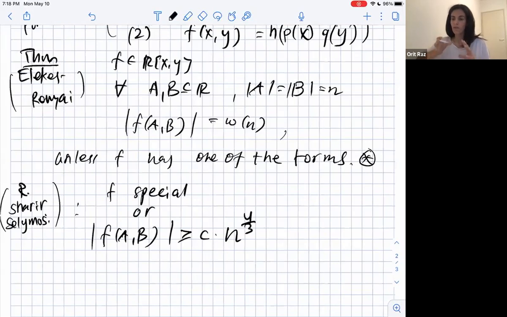So there is some gap. If f is special, one can have something linear in n, and if f is not special, then for any choice of A and B, we get something much larger than n.